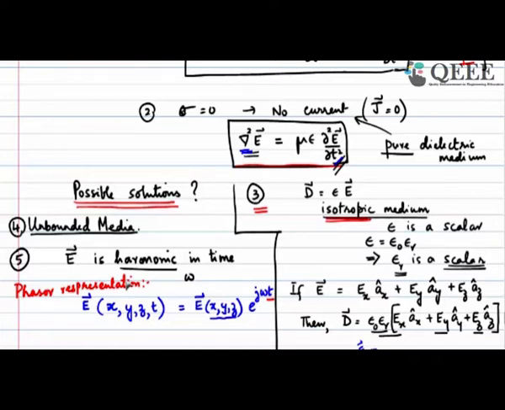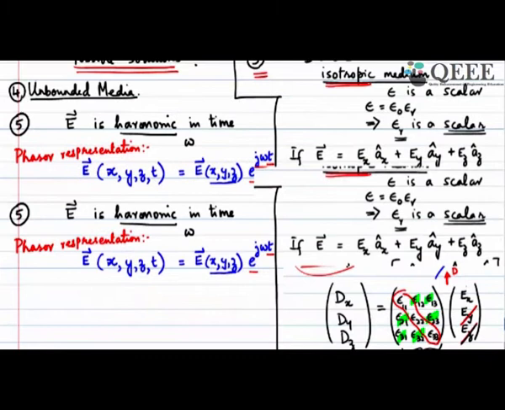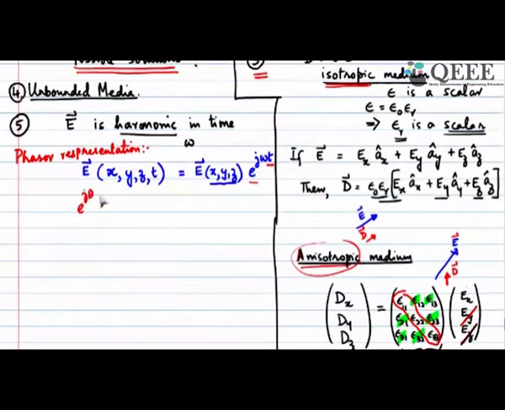The point to remember is, this is an exponent, and remember e power j theta has cos theta plus j sin theta. It has a real part and a complex part, and my electric field is not complex. It is actually a real number. I know that it's a real number. It's some volt per meter. It is not imaginary. So I have to be careful while writing this.